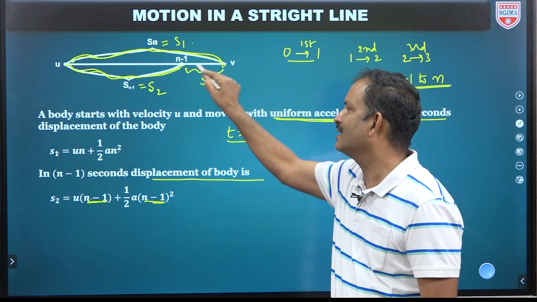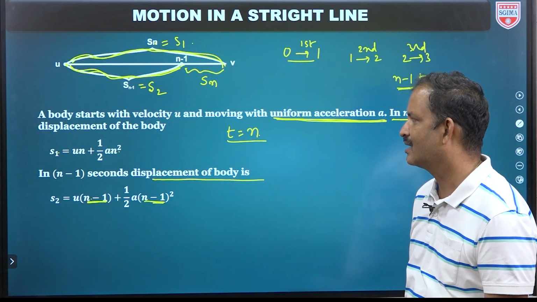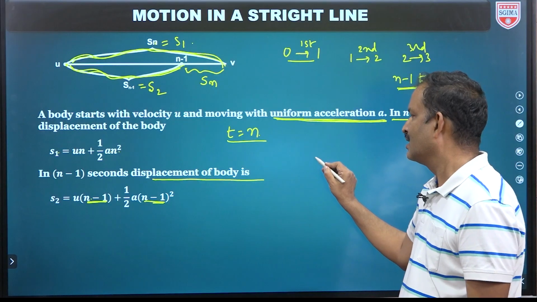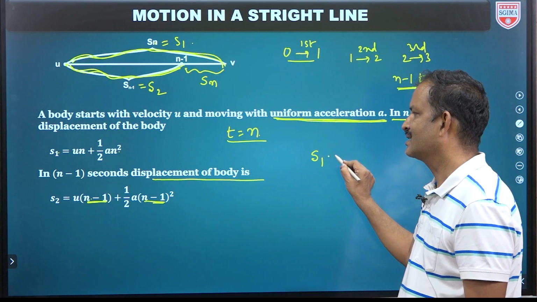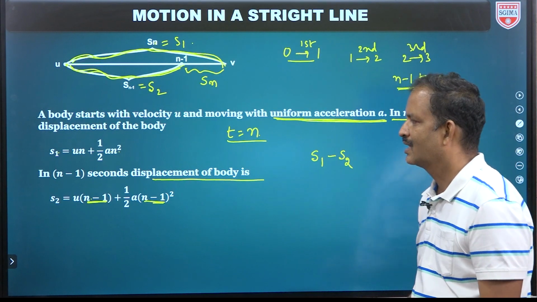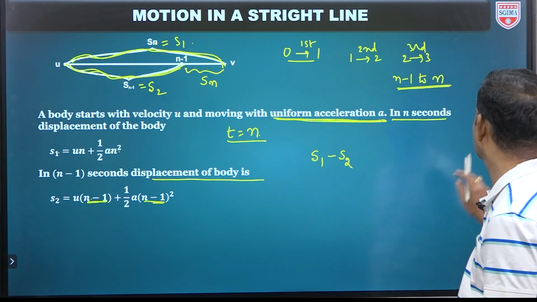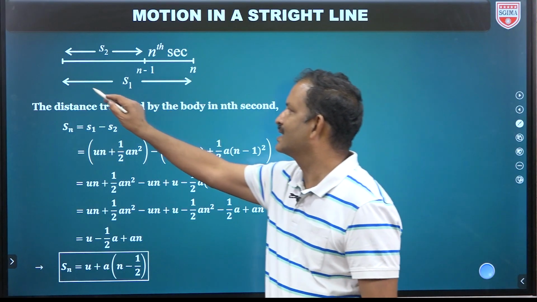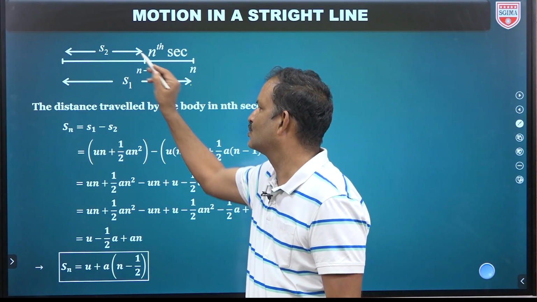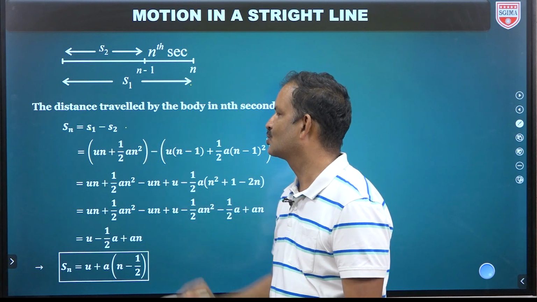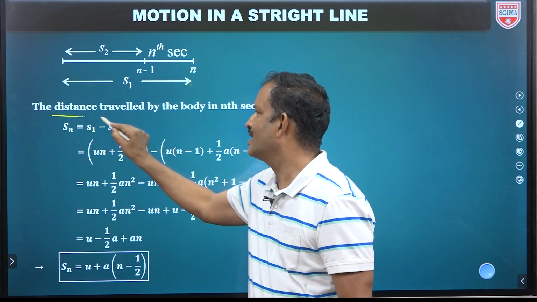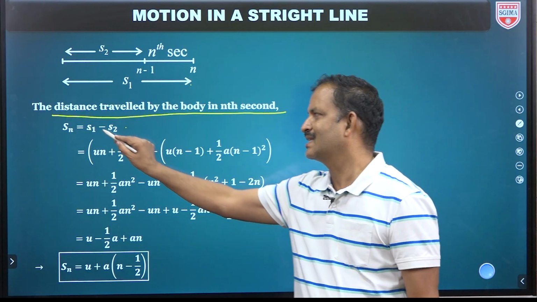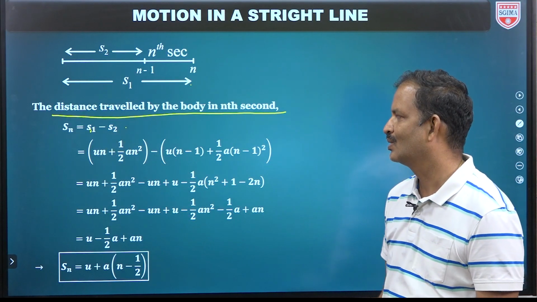Only in this nth second, how much distance is travelled? In order to find that, we have to subtract S1 minus S2. So the distance travelled by the body in the nth second is S1 minus S2.